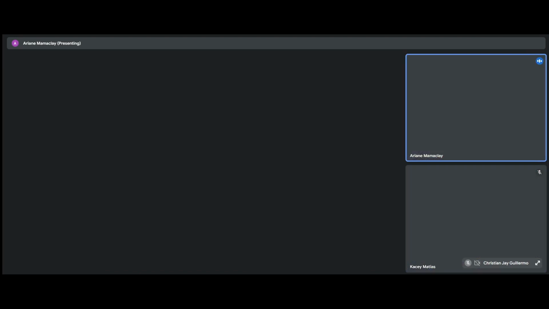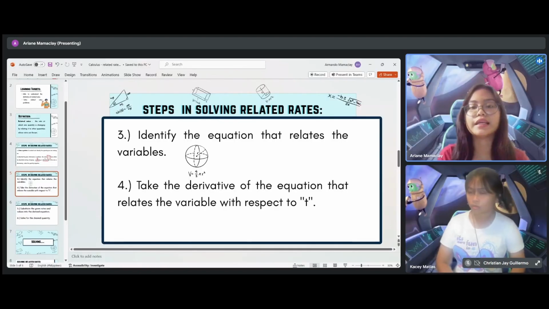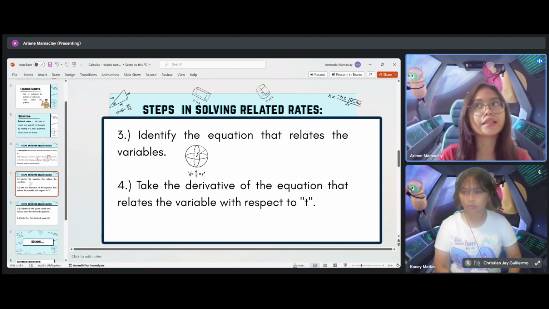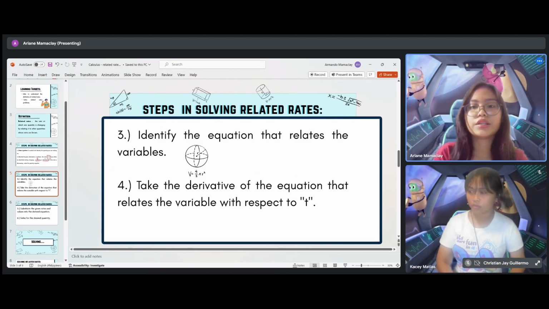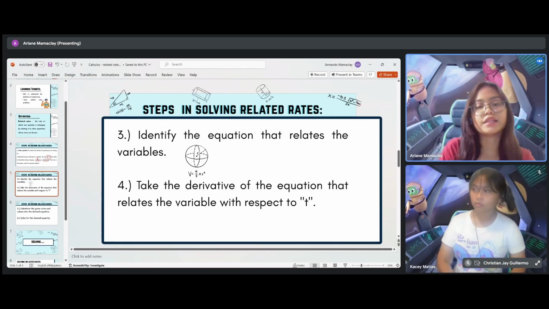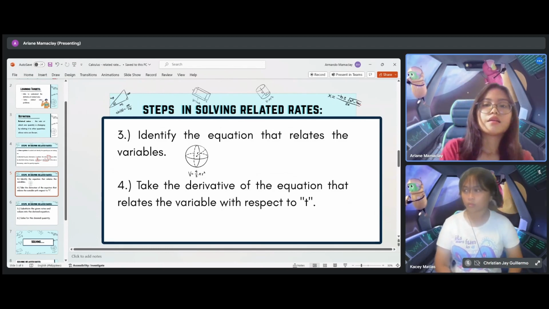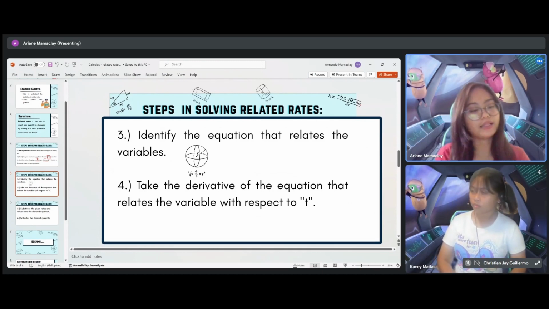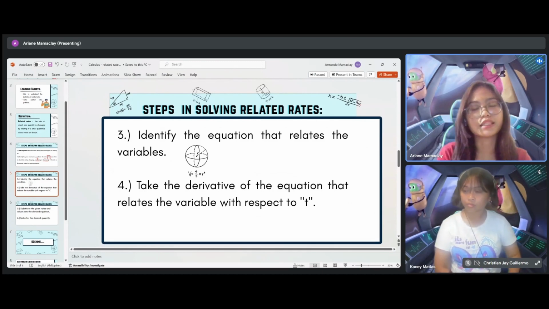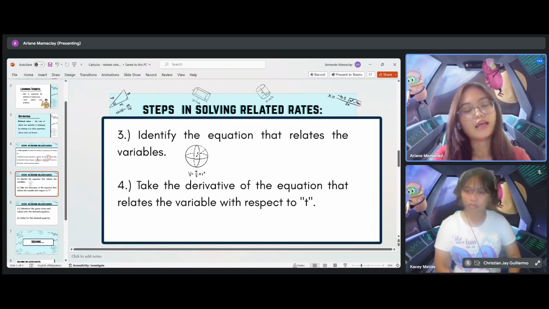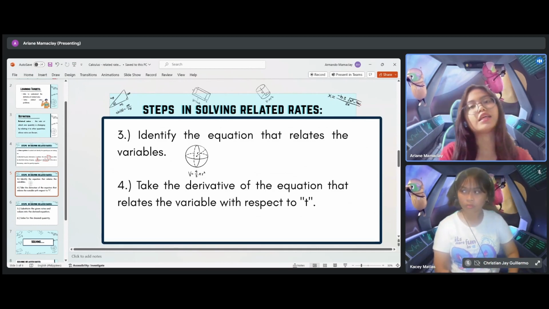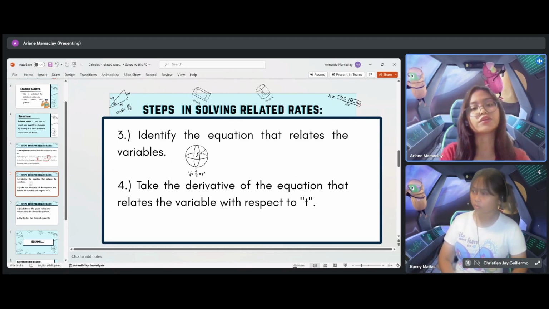Moving on naman tayo sa step number 3, which is identify the equation that relates the variables. Meaning, para ma-solve natin yung related rates, dapat alam natin yung formula ng given equations or yung formula ng iba't ibang figures.